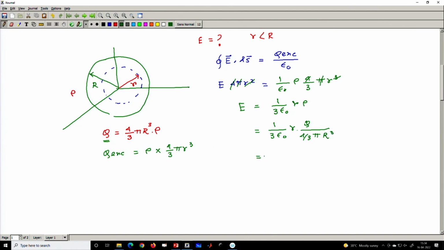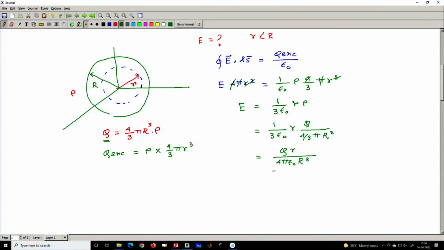So it should be q r divided by 4 pi epsilon 0, and this 3 will cancel out, and then 4 pi epsilon 0 should be there, and then R cube.